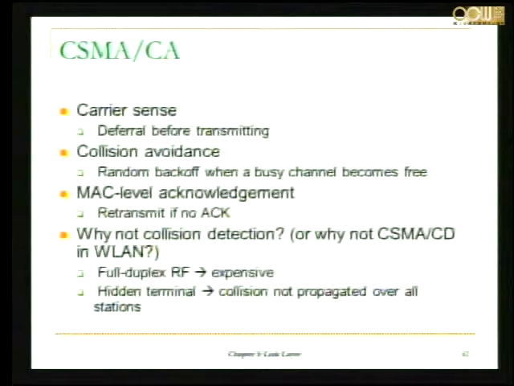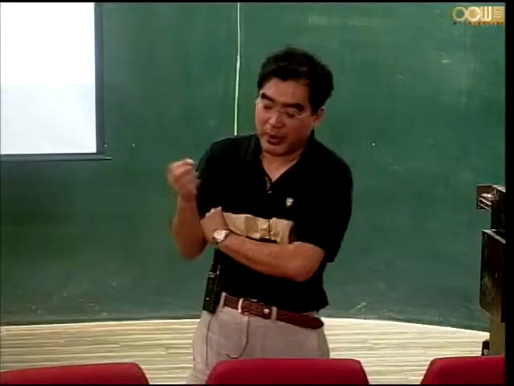So they will continue to sense until that station finishes transmission. The other two stations will then transmit immediately, and of course they will collide. These two stations will detect the collision, abort, send a jam frame, abort the transmission, and then back off.